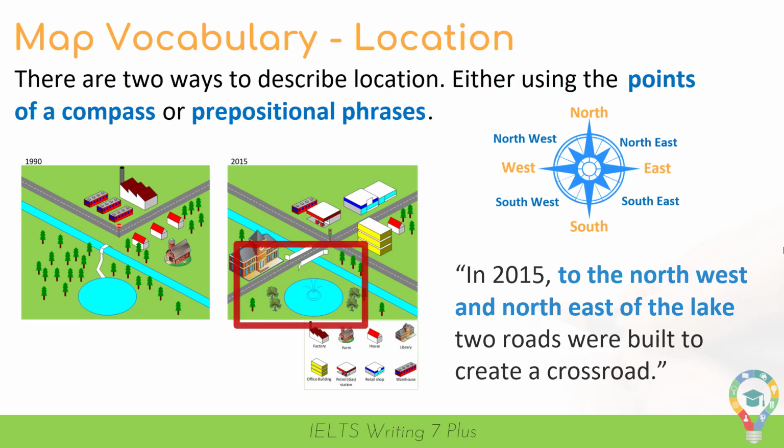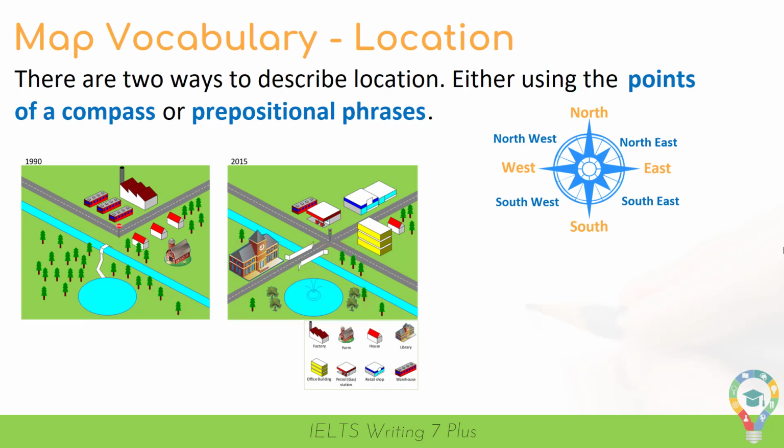Let's take a look at one final example, and we'll go to the warehouses and petrol station here. So we can see in 1990 there were in fact 3 warehouses, whereas now it looks like we've had a petrol station added, as well as a factory. But I'm just going to describe the warehouse and the petrol station.